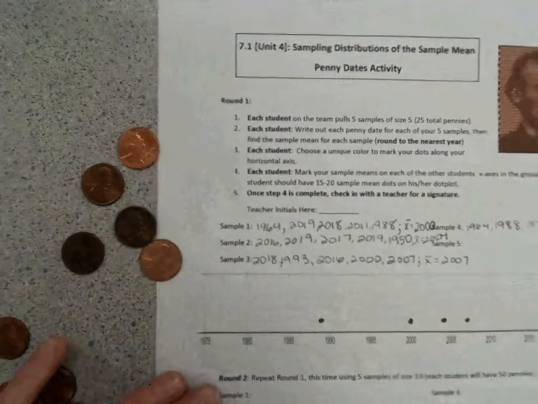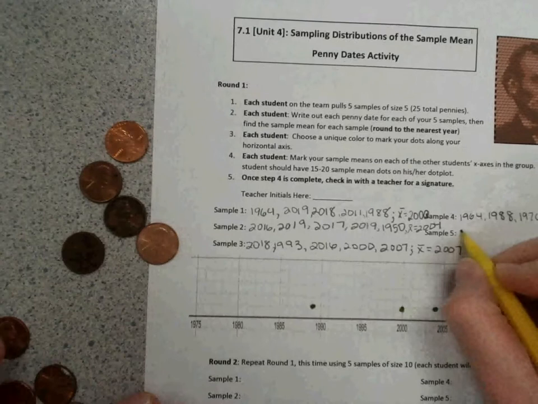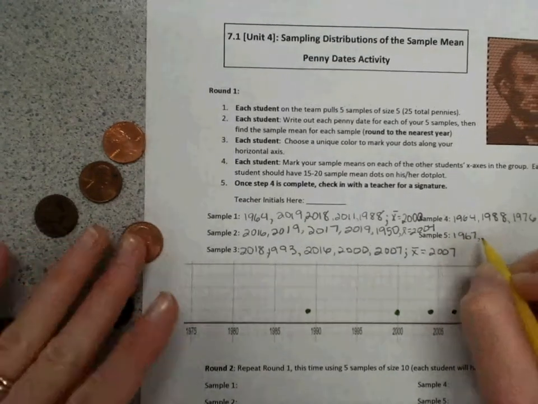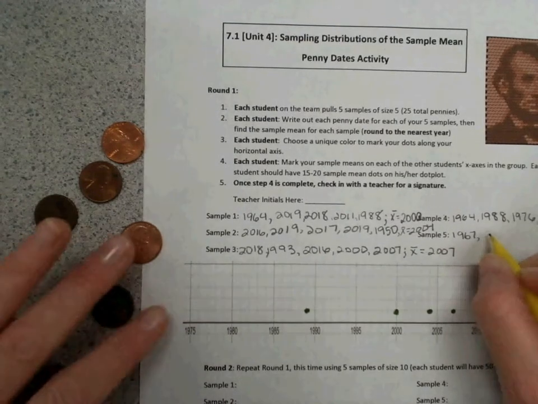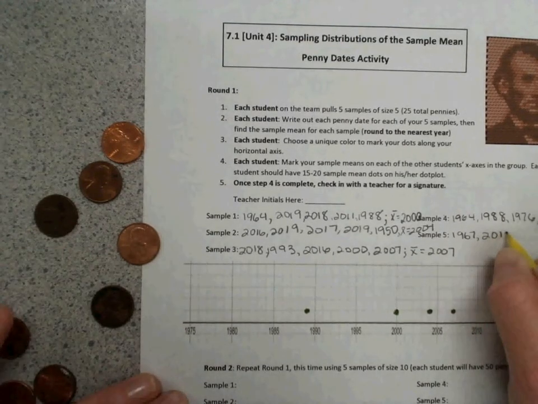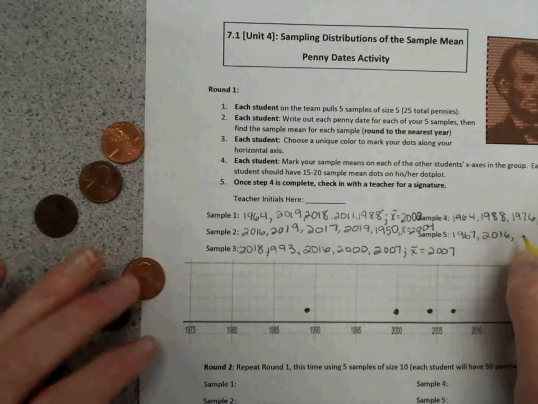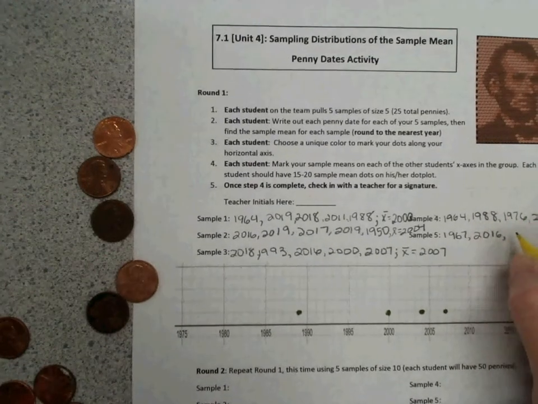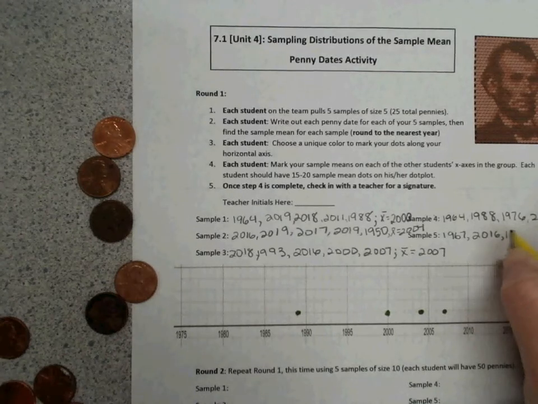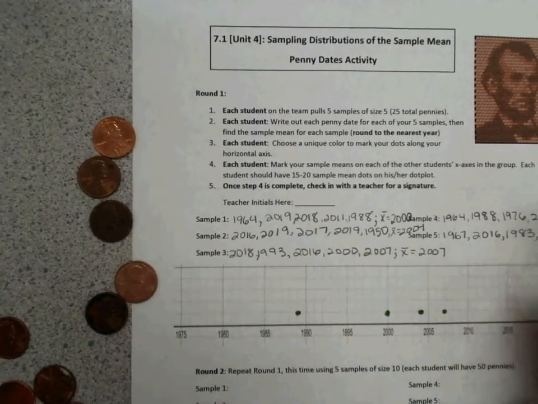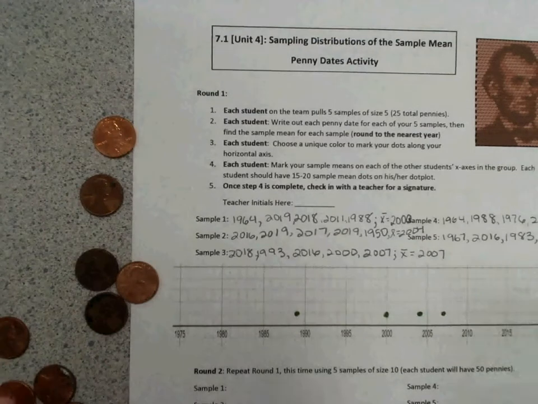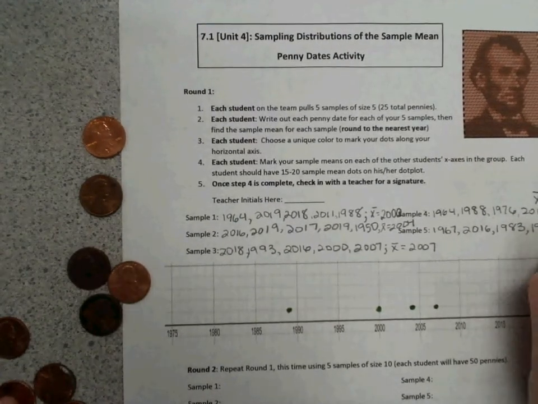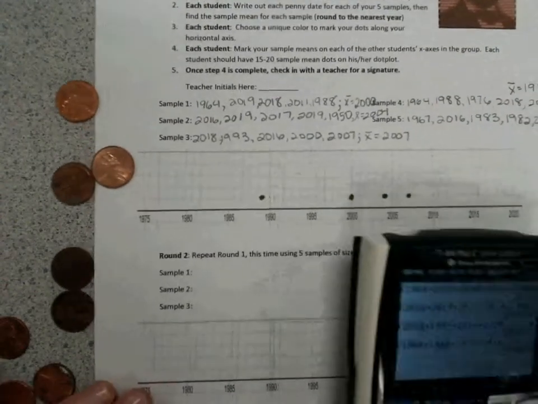So, sample 5. If you watch the introductory video here, you'll find out that some of these pennies are worth more than others. In fact, all of these pennies are more valuable than 1 cent. It costs, I think, 1.6 cents to produce 1 penny. 1982 and 2018.